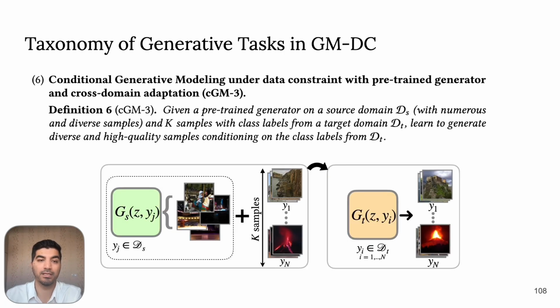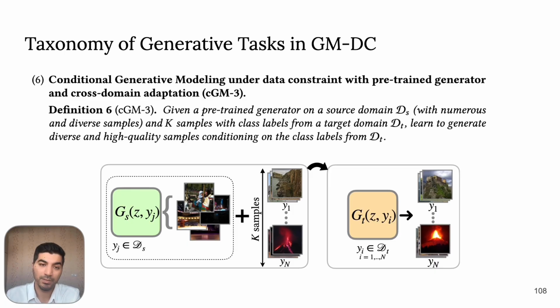Task number 6 is conditional generative modeling under data constraint with a pre-trained generator and cross-domain adaptation. This cross-domain adaptation is important because in the previous task, CGM2, the seen and unseen classes were both from the same domain. But here we have different domains. Here we are given a pre-trained generator on a source domain.